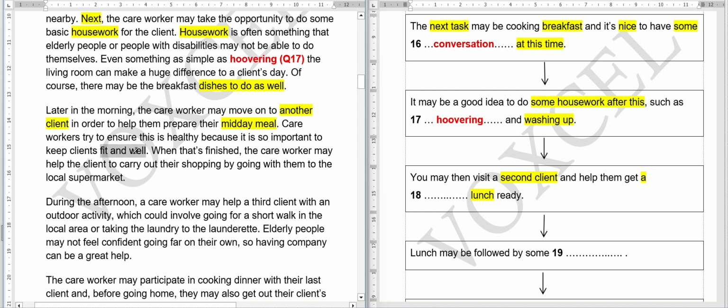All right, it's important because you want to keep your client fit and well. When that's finished, the care worker may help the client. Okay, that's for the other question. Obviously, your answer is in this particular sentence, and you have again some time to tell me the answer, and your 10 seconds start now.